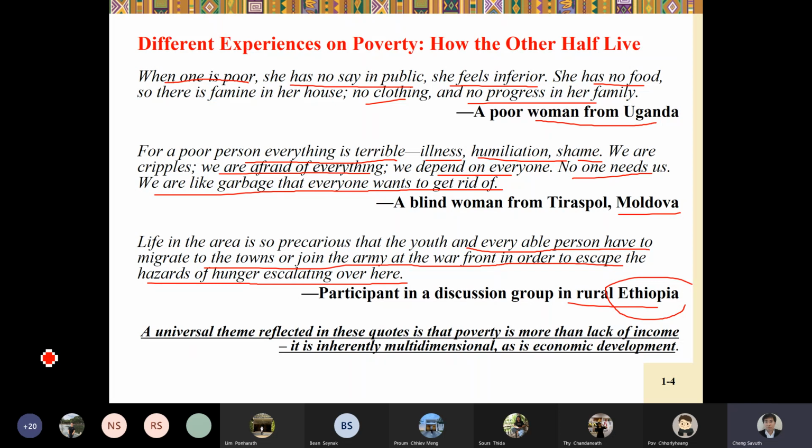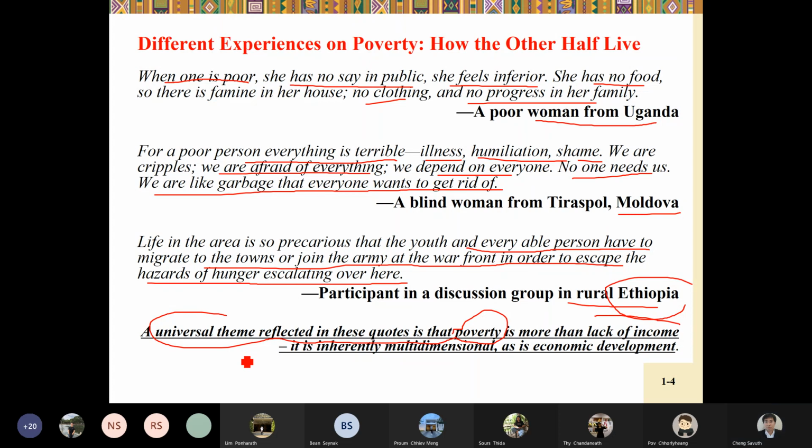One conclusion, or synthesis, we can get from this is that there seems to be a universal theme reflected in this quote. Poverty, being poor, is not only about not having money, not only about lacking income.